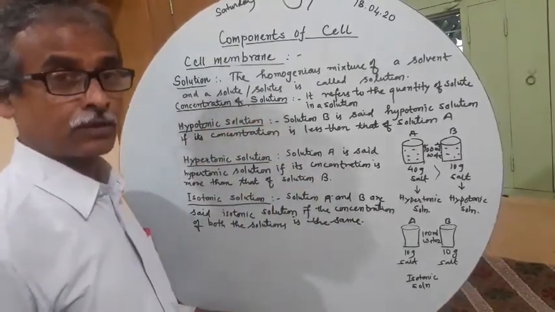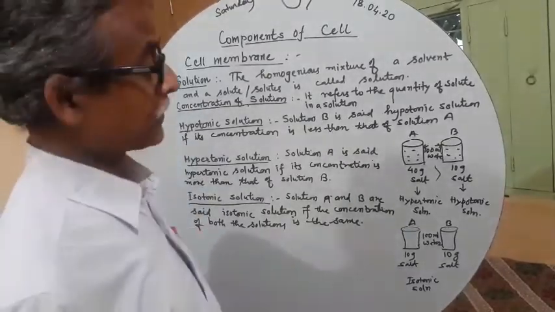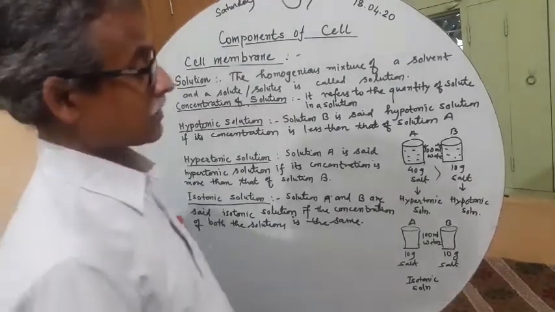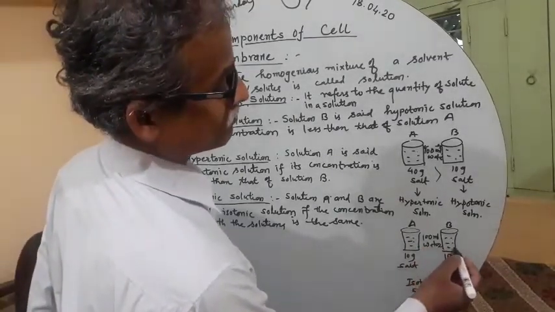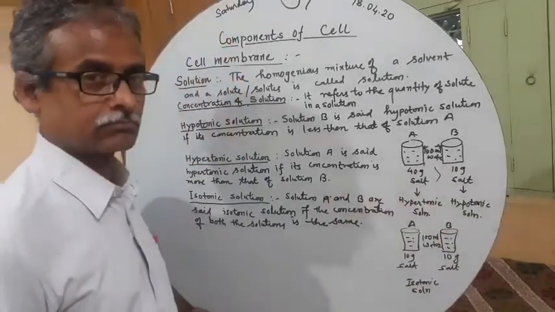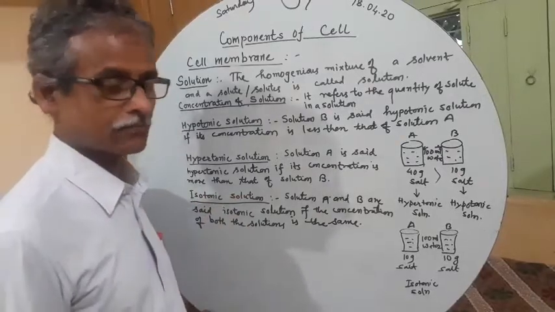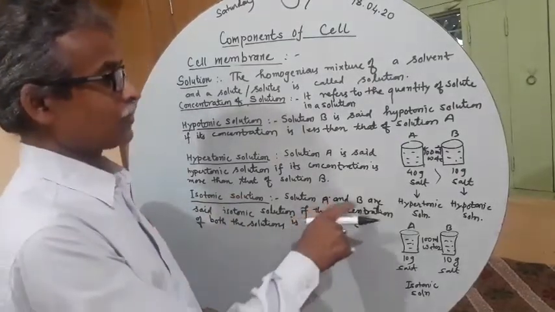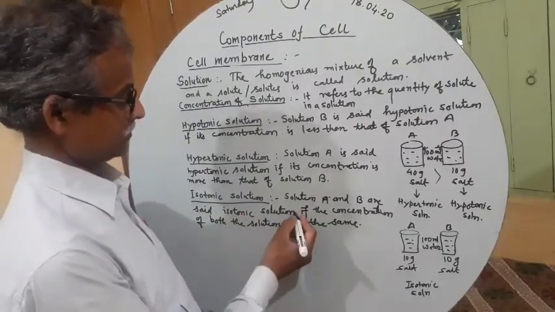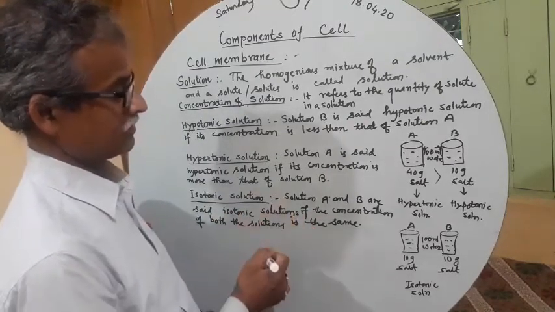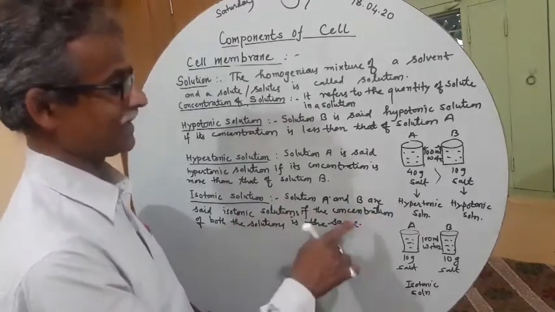But what will be the name of the solutions if the concentration of both the solutions is the same? The name will be isotonic solution. Solution A and solution B are said to be isotonic solutions if the concentration of both the solutions is the same.